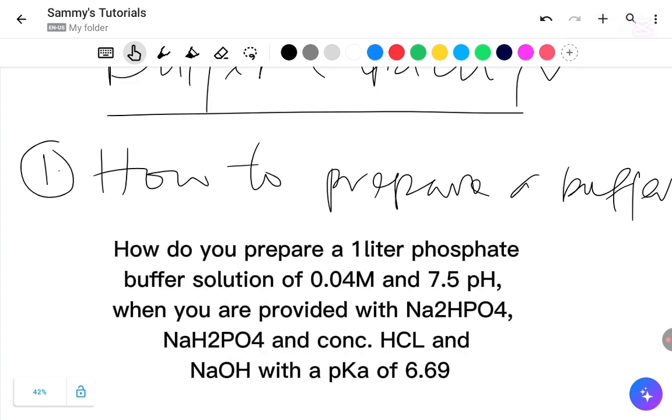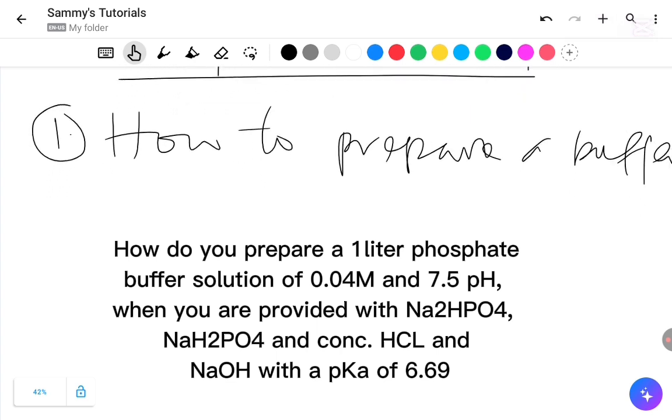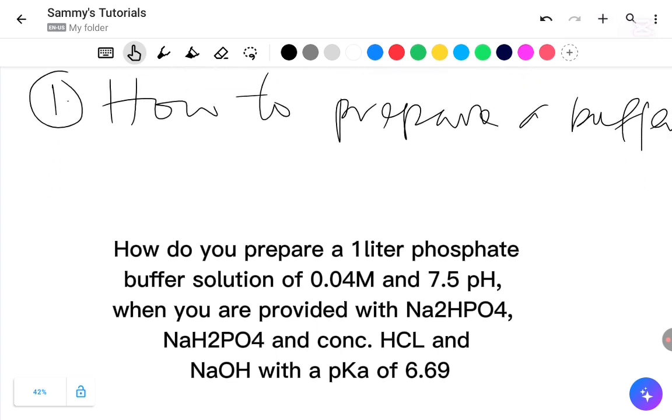How do you prepare a 1 liter buffer with 0.04 molar? Let's write out the parameters so that we can understand.